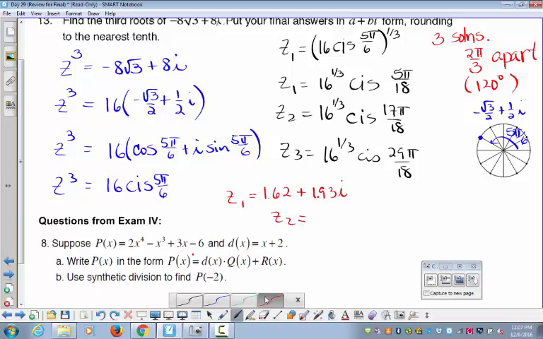We have 16 to the 1/3. The only thing we're changing is the angle, which is 17 pi over 18. So we get plus 0.44i in the second part. Change the sign of cosine. It will be negative 2.18.